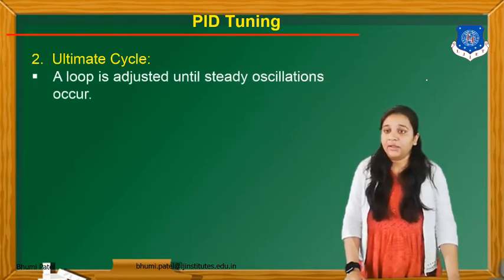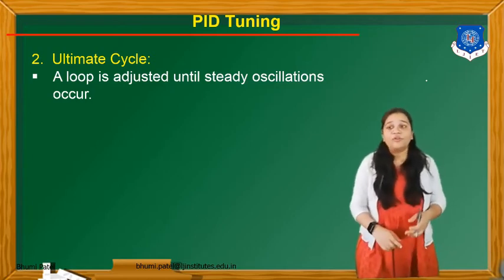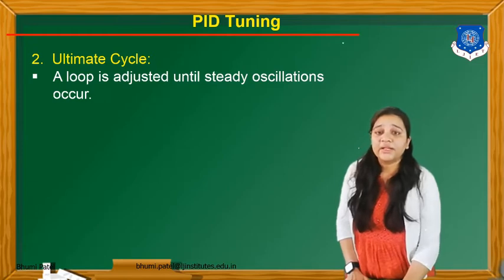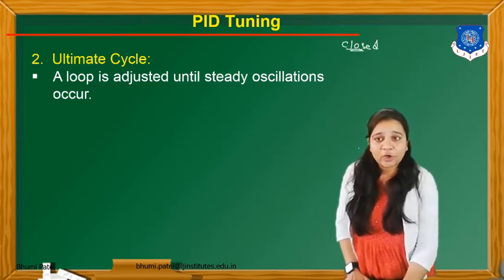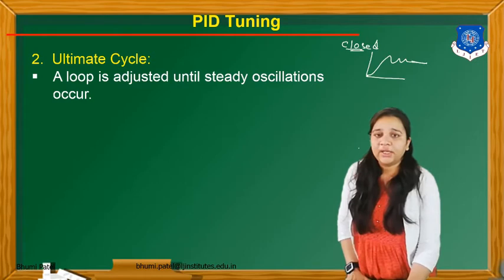Now the second method to use for the PID tuning is the ultimate cycle. A loop is adjusted until the steady oscillation occurs. So the first thing that you have to remember, in the ultimate cycle we have to compulsorily use a closed loop system, and we have to adjust this closed loop system until we can get this type of steady response.